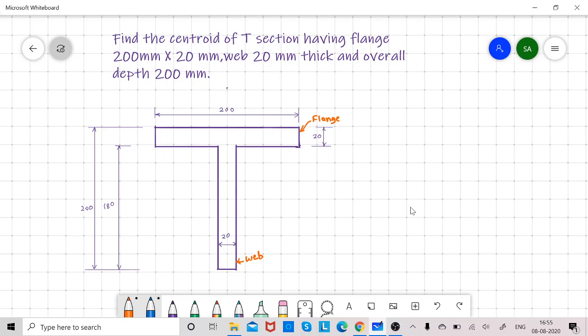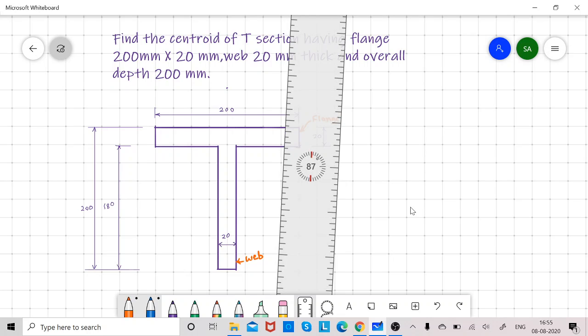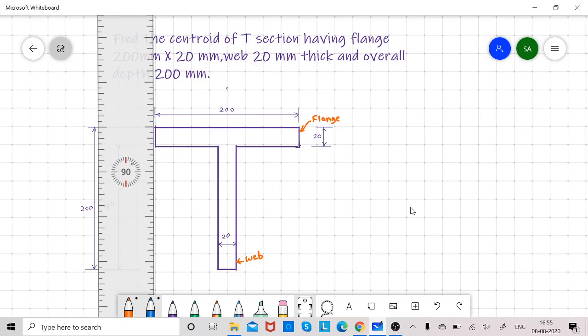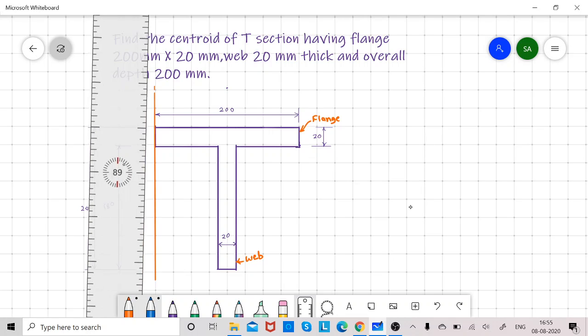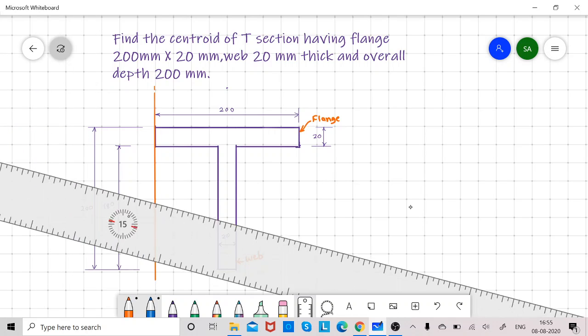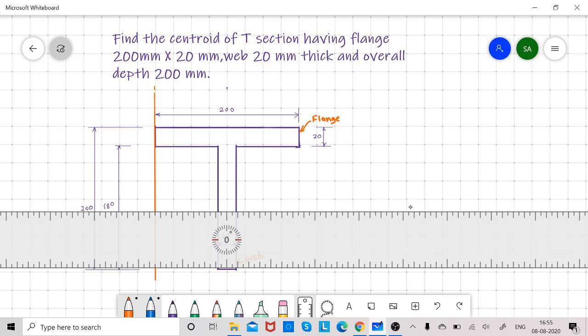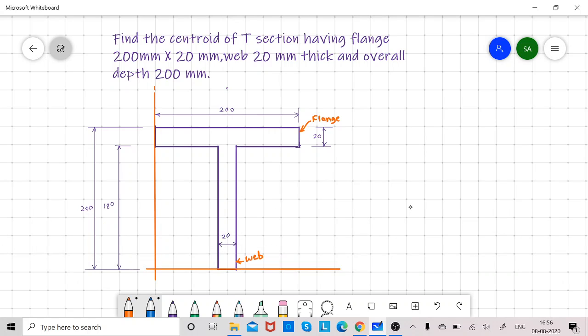Now to start with, there are 4 to 5 steps to solve this problem. First of all, we will select a reference x and reference y axis such that the given figure will be in the first quadrant.